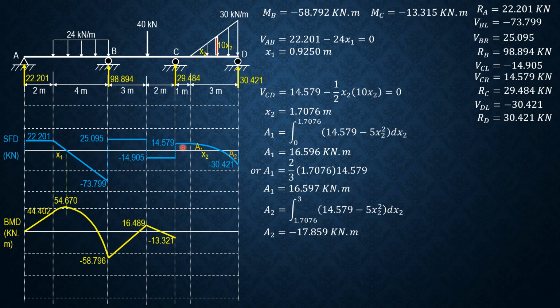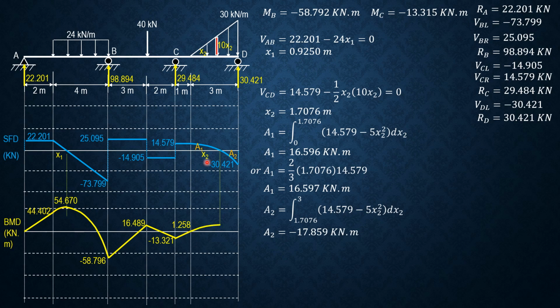Then plus area of rectangle, which is 14.579 times 1, so negative 13.321 plus 14.579 times 1 is positive 1.258. Then plus the area 1, which is positive, so positive decreasing again, just like this curvature here.